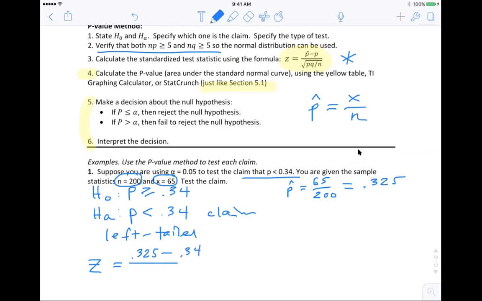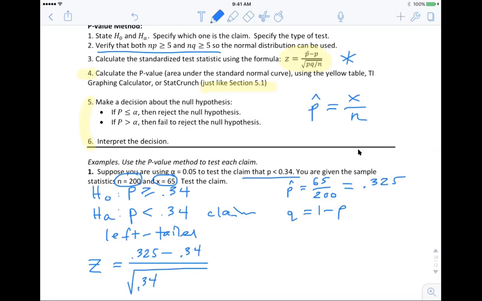And then we've got this square root in the denominator. p again, 0.34. And then there's a q. Now, if you remember back from our probability sections, q, not q hat, just q, is equal to 1 minus p.